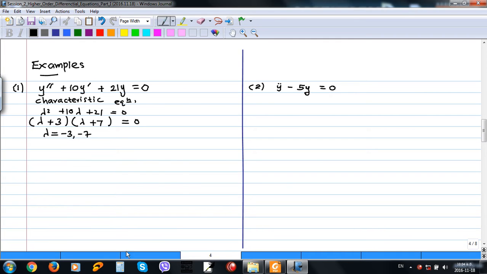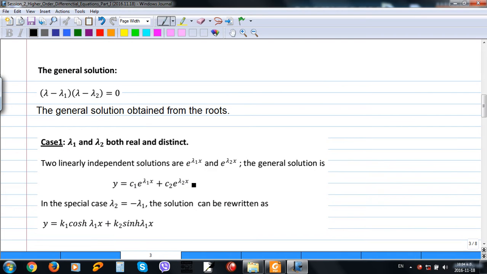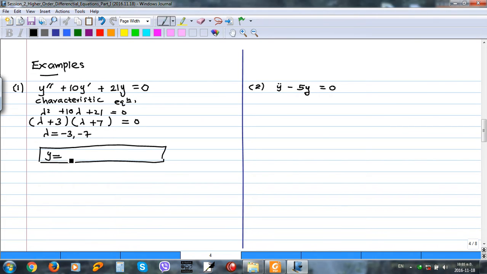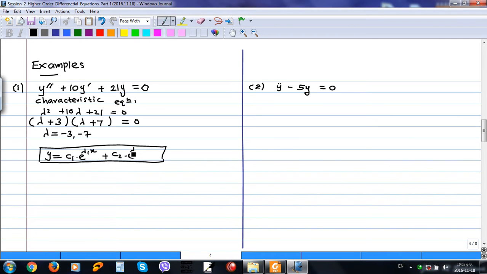According to this form, we can write the general solution. We know that the general form is y equals c1 times e to the power lambda 1x plus c2 times e to the power lambda 2x, where c1 and c2 are arbitrary constants.